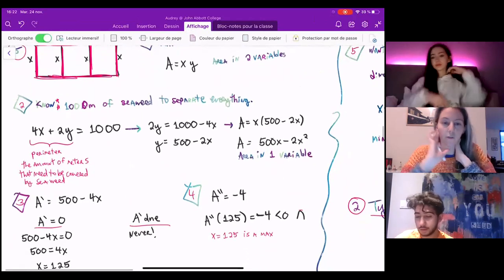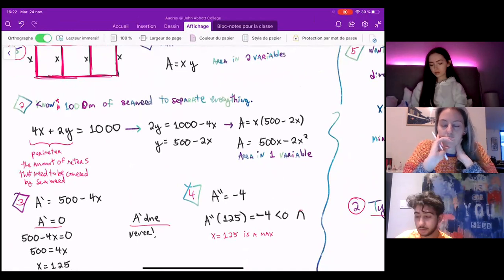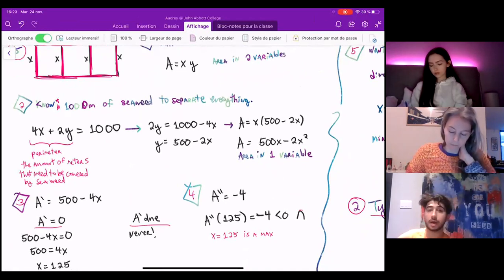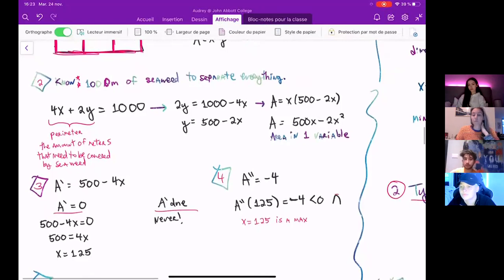What do I need to do to solve for Y to get dimensions here? You plug in the X into the area formula, then with the area and the X, you could find the Y, and then it gives you all the dimensions.